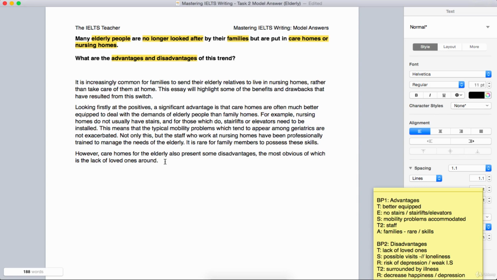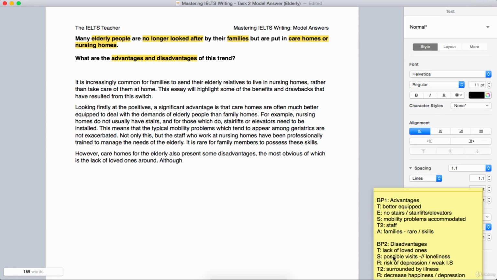And as I said earlier, I want this support sentence to show and demonstrate my ability to write complex sentences. A complex sentence, as we looked at in the conclusion of the previous essay, will be a case of using a subordinating conjunction like although, while, whereas, that sort of thing, to introduce a dependent clause.